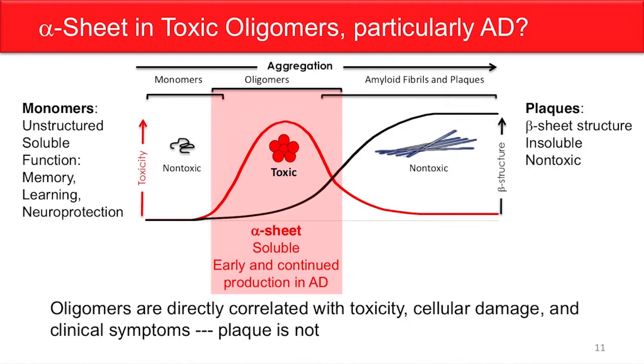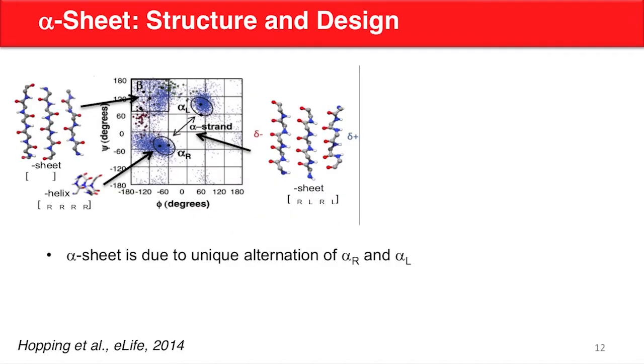These oligomers are directly correlated with toxicity, cellular damage, clinical symptoms, and again, plaque is not. So in the next slide, I want to just go back to the details a bit, the structure. So from the simulations, we can carefully map out what the structure of alpha sheet is. And this was published some years ago.